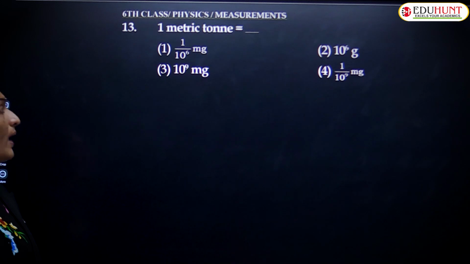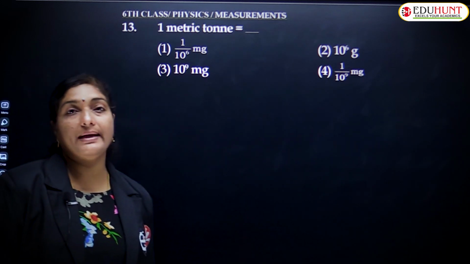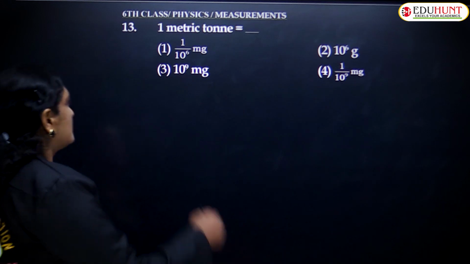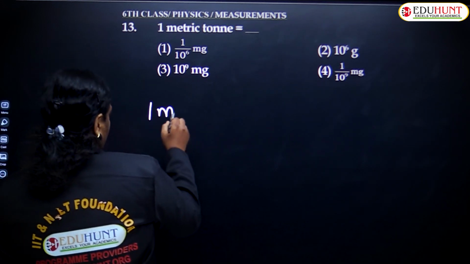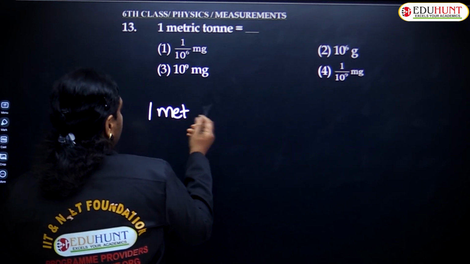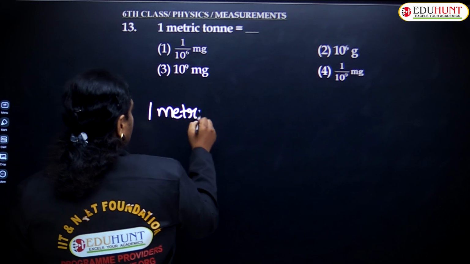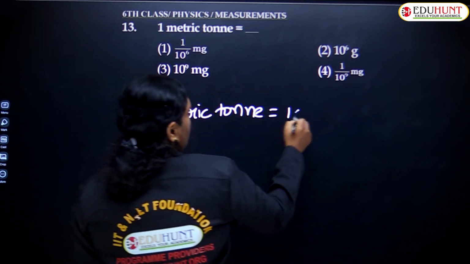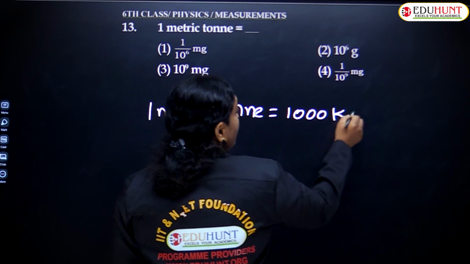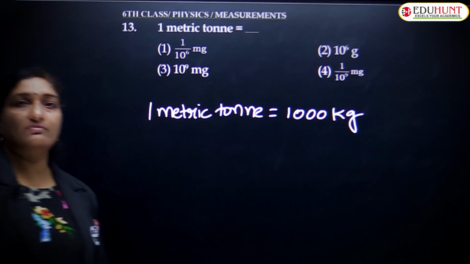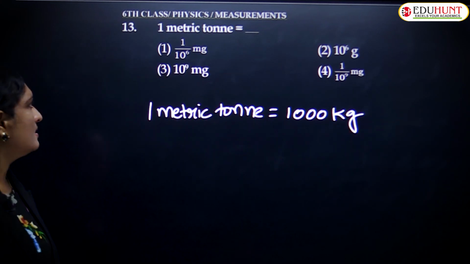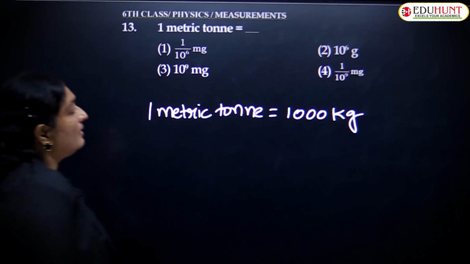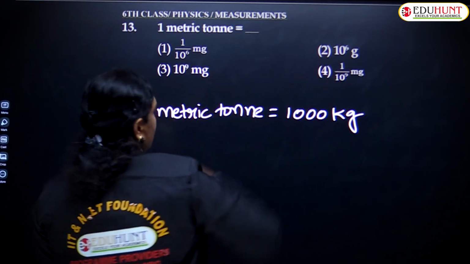Next, 1 metric ton. 1 metric ton is equals to how much, children? Remember, one metric ton is equals to 1000 kg. But here nowhere they measure it as kgs. Here it is in grams as well as in milligrams.